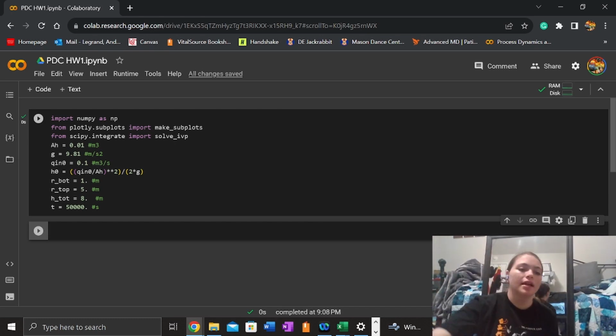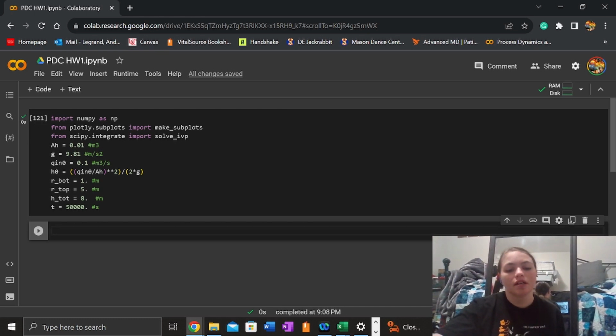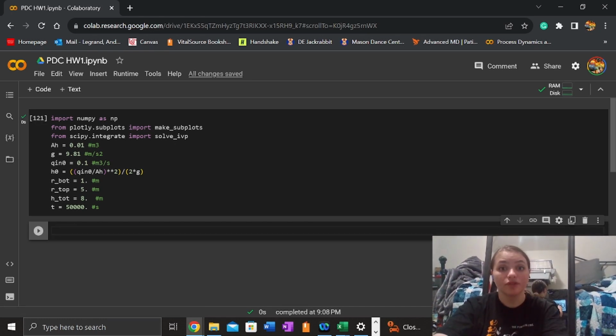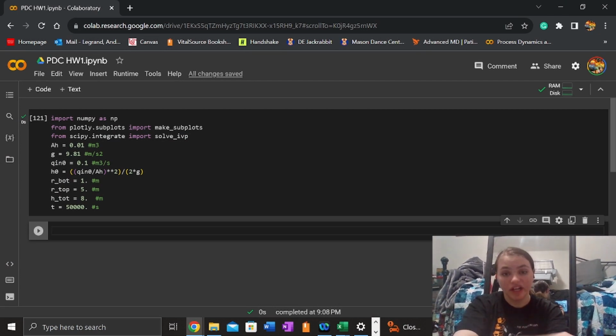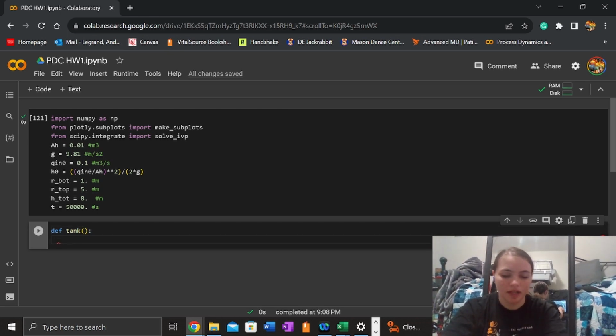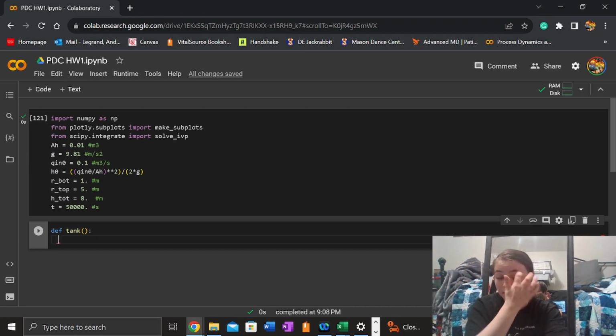So let's start. So we have to start with defining our tank area. So we're going to go def, I'm going to call this tank because it makes life easier. I'm going to come back to that, make sure I get everything all together. So this is where we're going to put in our radius equation. Again, if I'm looking over here, it's because I have it written down, corrected, so it's a plus, not a minus.